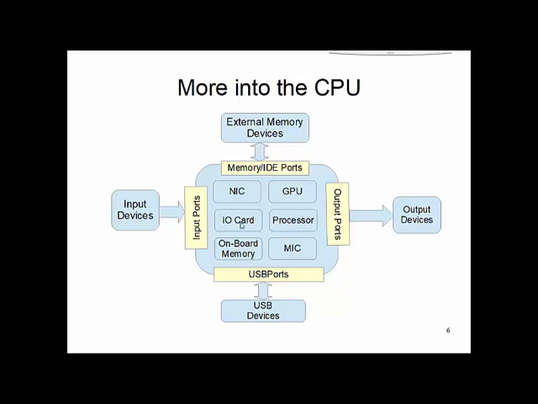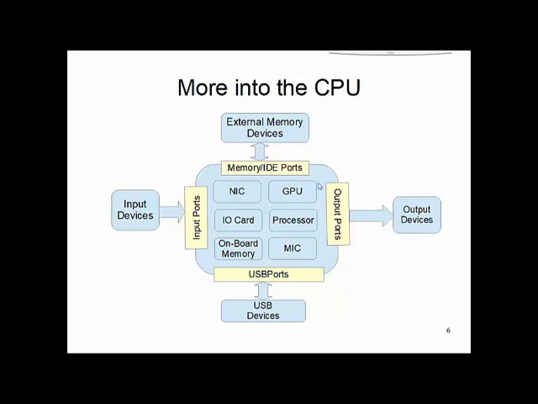There are IO cards, mainly to control communication with the IO devices. There may be some onboard memory like RAM. There is a memory interface card to attach various solid state memory to the computer.